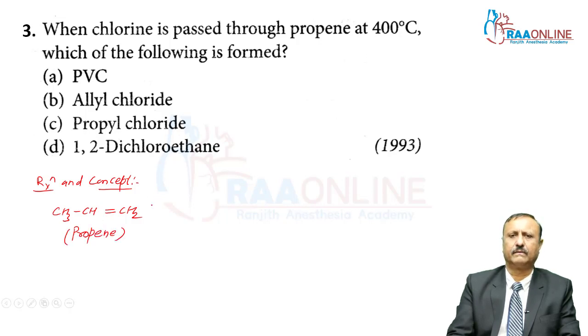When this propene reacts with chlorine gas at 400 degrees Celsius, and this chlorine gas is heated, it replaces this hydrogen atom and forms, my dear students, CH2Cl-CH=CH2.